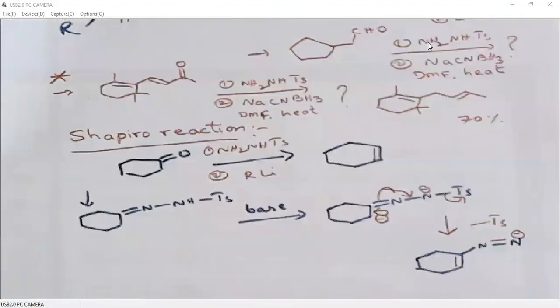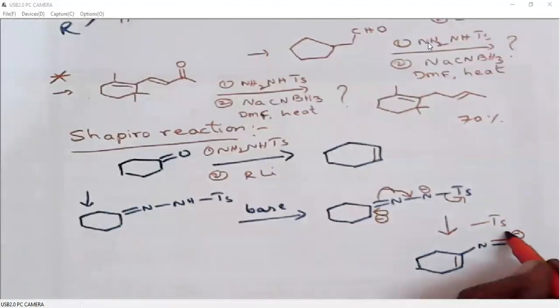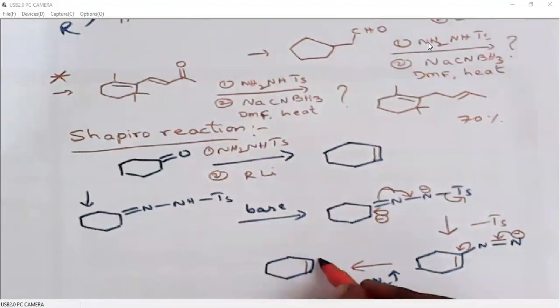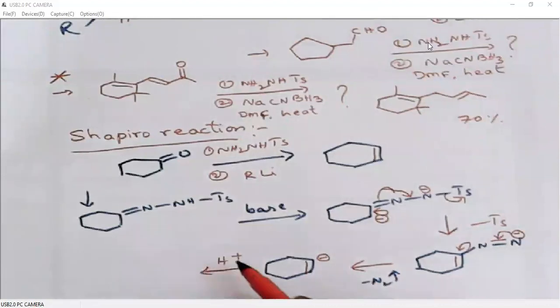Then polarize this negative charge towards nitrogen so that it generates a nitrogen-nitrogen triple bond. So nitrogen gas, then this carbon-nitrogen bond will break to give a vinyl anion. It is nitrogen gas, so it will escape from the reaction mixture, and we have a vinyl anion. This vinyl anion can be protonated so that we will get an alkene. So this is what is called the Shapiro reaction.